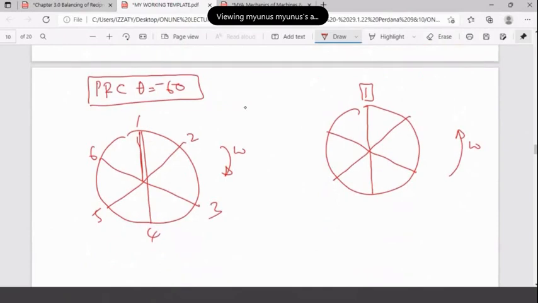So now, cylinder number 2 just now, how many segments does it go? 1, 2, 3, 4, 5, isn't it? 5 segments.